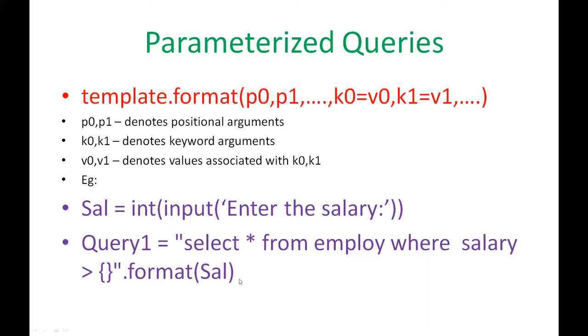Where I am placing it denotes the P0 argument. Again, I repeat, sal denotes the keyword argument, the input for sal denotes the value for it, and P0 denotes where you are going to place the value.